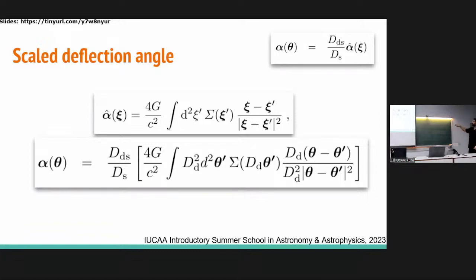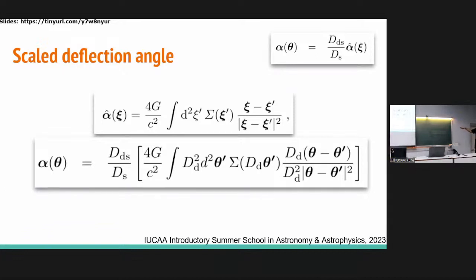Now what I'm going to do is, instead of writing everything in terms of physical distances in the lens plane, I'm going to write everything in terms of the angles in the plane of the sky. So if you want to convert a physical distance in the lens plane into angles, you have to use again the angular diameter distance to the deflector. Right? So Dd times theta will be this psi. So Dd times theta prime will be psi prime, Dd times theta will be psi.